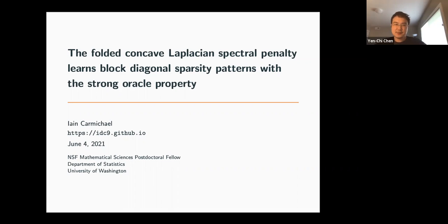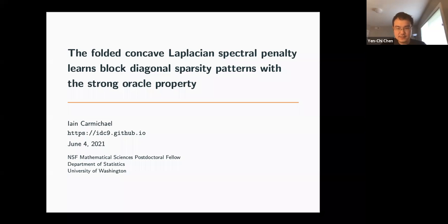And today it is my great pleasure to have Iain, a postdoc from our department, give a presentation about a couple of very exciting topics, combining a concave Laplacian spectral penalty and applying that to block diagonal structures. Iain is currently a postdoc in our department working with Daniela.